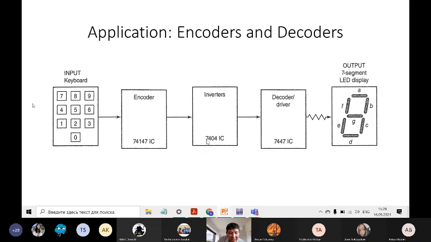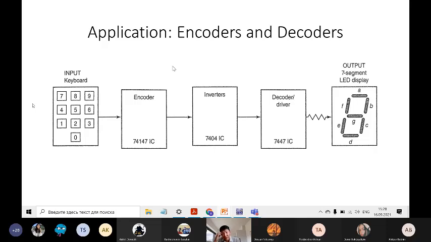So in labs we will use this integrated circuit 7414. Then from the inverters it goes to the decoder that is connected to the output segment, and that gives us this representation of our number from 0 to 9.